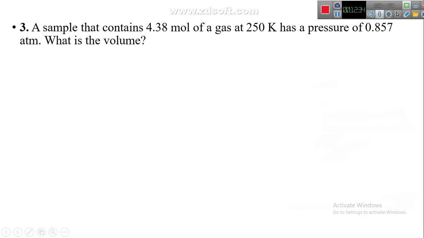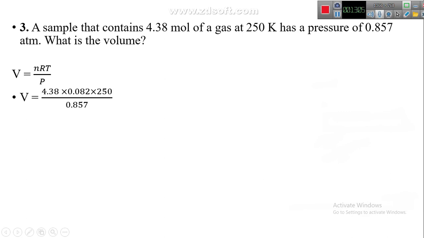Here the volume is needed. By using the following relation, V is equal to nRT over P. n, the amount of substance in mole, 4.38 is given here. This is the number of moles substituted here for n. R is equal to 0.082.